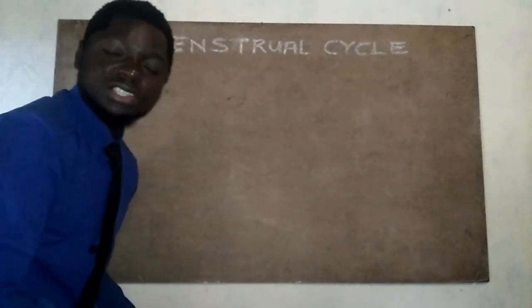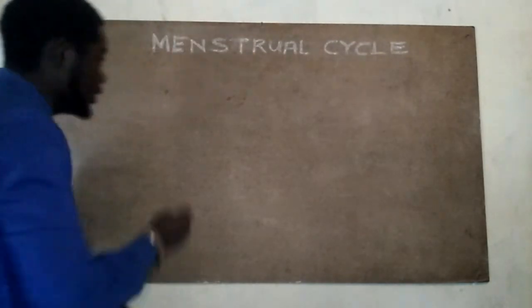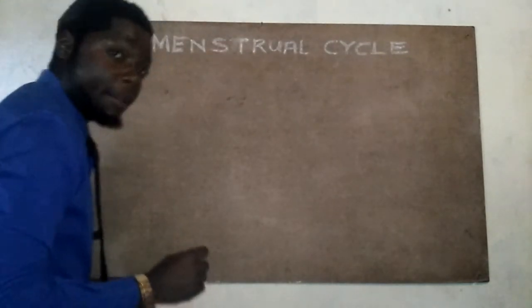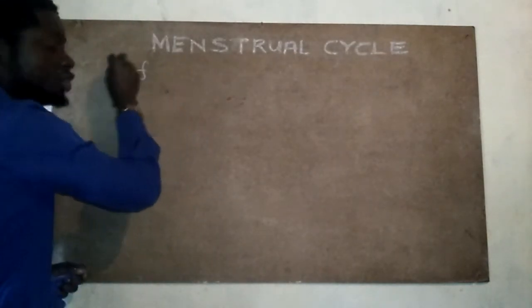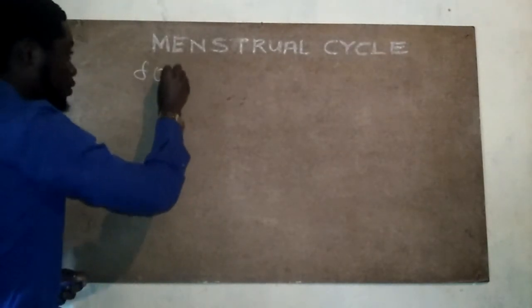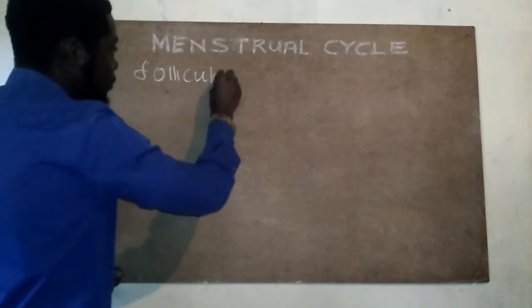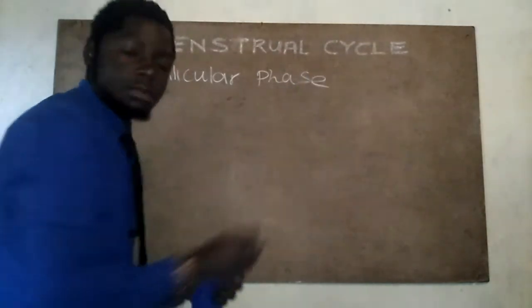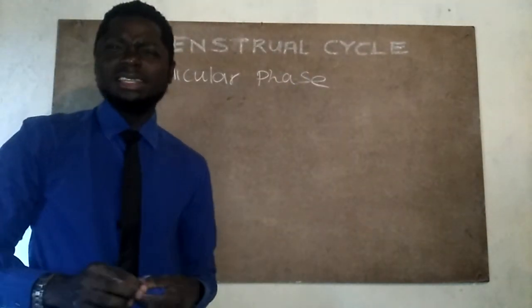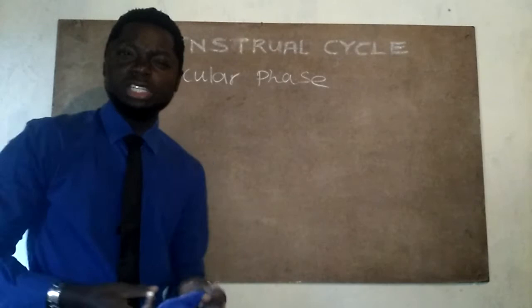So we have the first stage as the menstruation phase, the first day during which the menses happens, and we are on the follicular phase, which is the second phase of the menstrual cycle. As the name suggests, we are dealing with the follicle stimulating hormone.